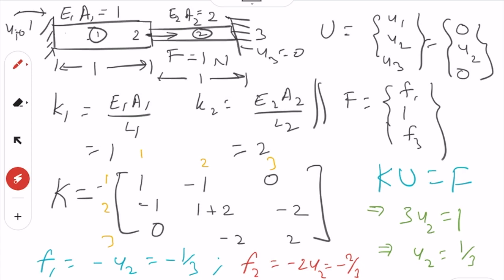Minus 1/3 plus 1 is 2/3, and 2/3 minus 2/3 is 0. Hence all are in balance, so your answers are correct. And the displacement here will equal 1/3 unit. So this is how you solve it.